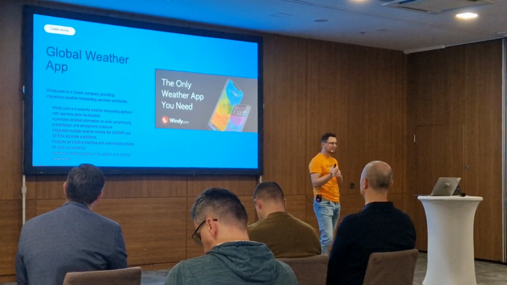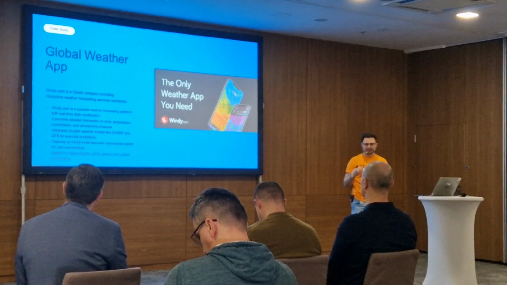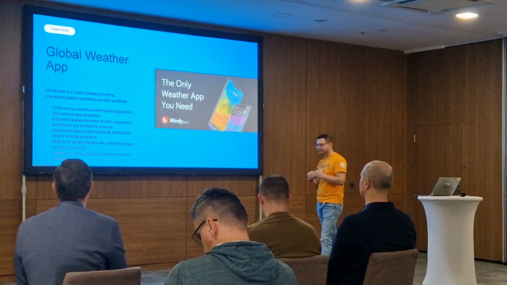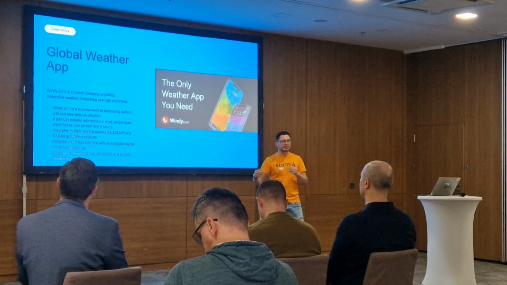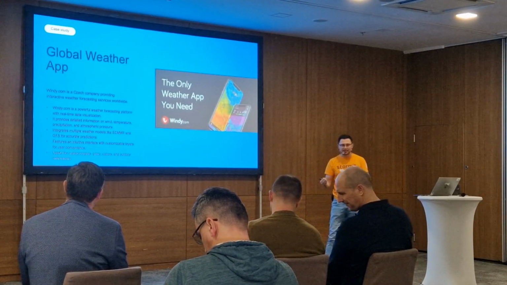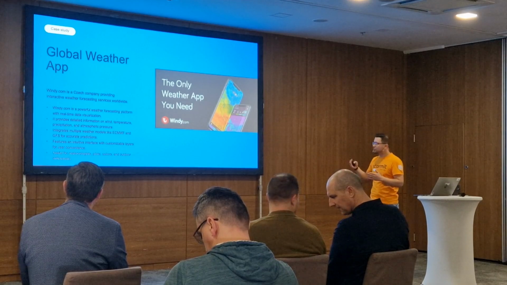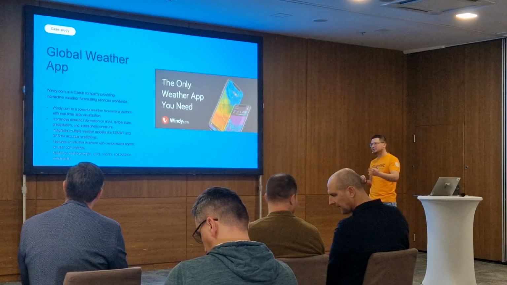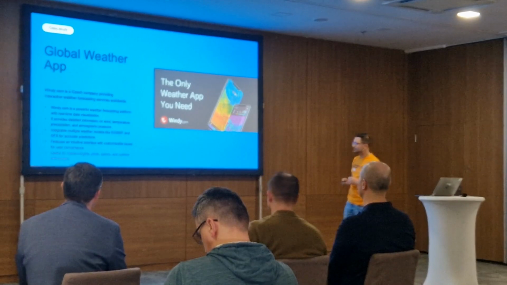It's used even by agencies when they are planning for a coming disaster, for example the hurricane that happened in Florida. You can even see on American TV that they're using windy.com for that.